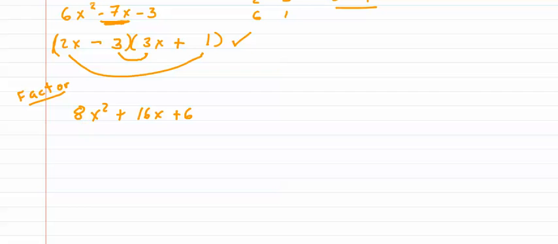I look at this and I have an 8, a 16, and a 6. Greatest common factor is 2. So we have 2 times 4x squared plus 8x plus 3. Always look for that greatest common factor first.